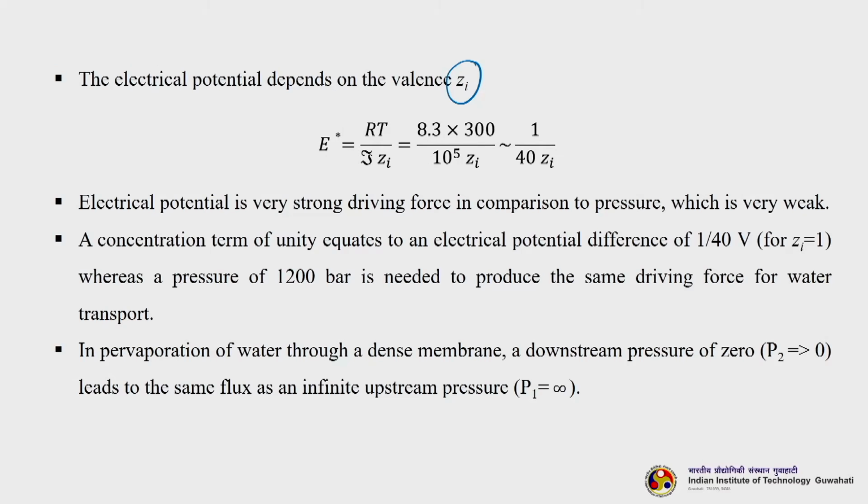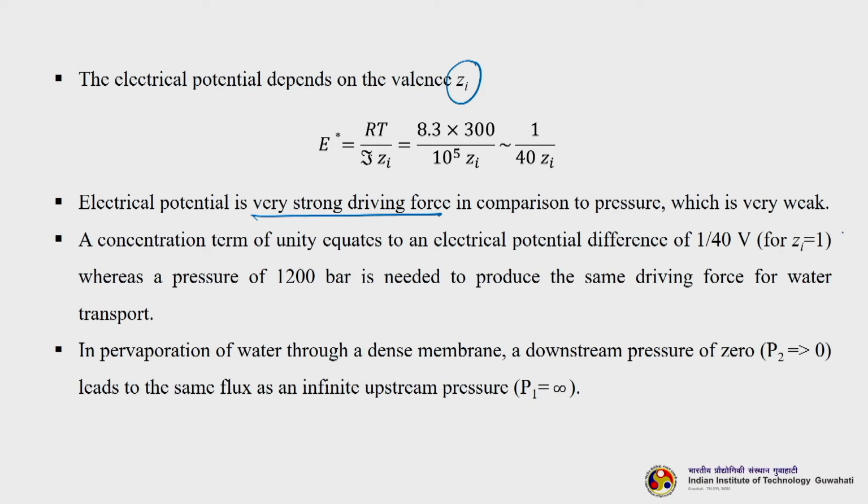Electrical potential is a very strong driving force in comparison to pressure, which is a weak force. A concentration term of unity equates to an electrical potential difference of 1 by 40 volt for z_i equals 1, whereas a pressure of 1200 bar is needed to produce the same driving force for water transport.